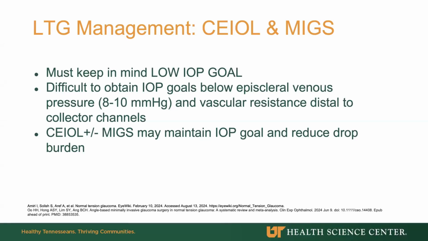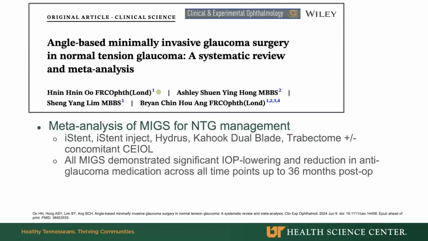And so this is difficult to obtain with cataract surgery and MIGS or angle-based MIGS alone. But there's a role potentially for these procedures at lowering the pressure postoperatively and reducing the drop burden. So I found this review article, which was a meta-analysis of MIGS used for normal tension glaucoma management. They found reports on the use of iStent inject, Hydrus, the Kahook Dual Blade, and the trabectome with or without concomitant cataract extraction with lens implantation.